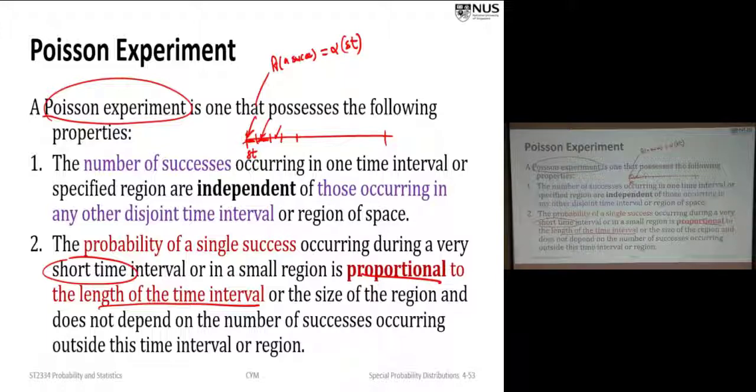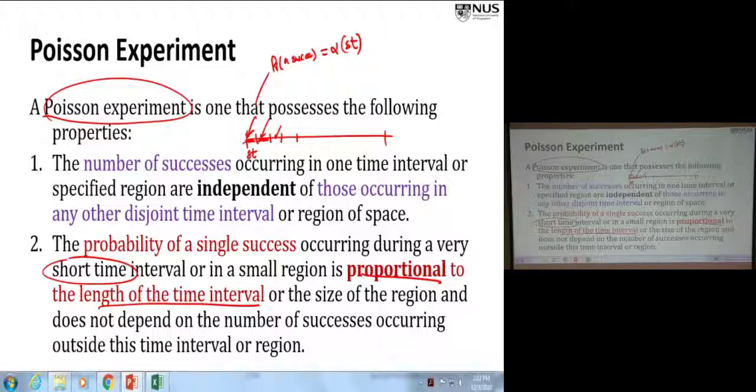So here we have these two properties. One is that for each interval, how many occurrences, how many successes there are in that interval should be independent of what happened to the other intervals. And secondly, the probability of one occurrence or one success is proportional to the length of the interval, provided the length is very small. There are other criteria.